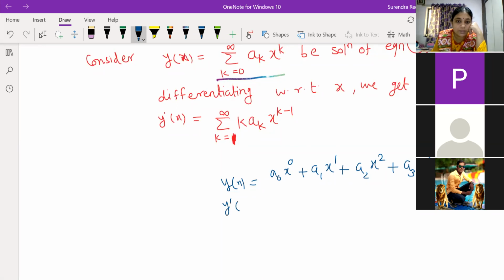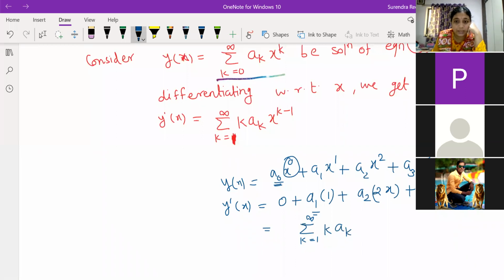If I differentiate with respect to x, x raised to 0 is just 1, so it is the constant a0, and its derivative is 0. Then a1 as it is, the derivative of x is 1, plus a2 times the derivative of x squared, which is 2x, plus a3 times 3x squared, and so on. So if I write it in series form, it will start from k equal to 1 to infinity. Is that okay?